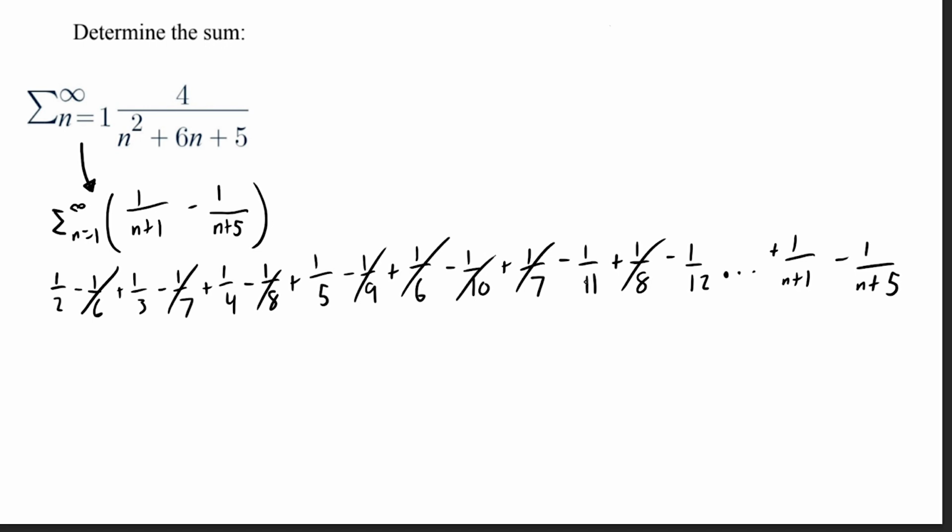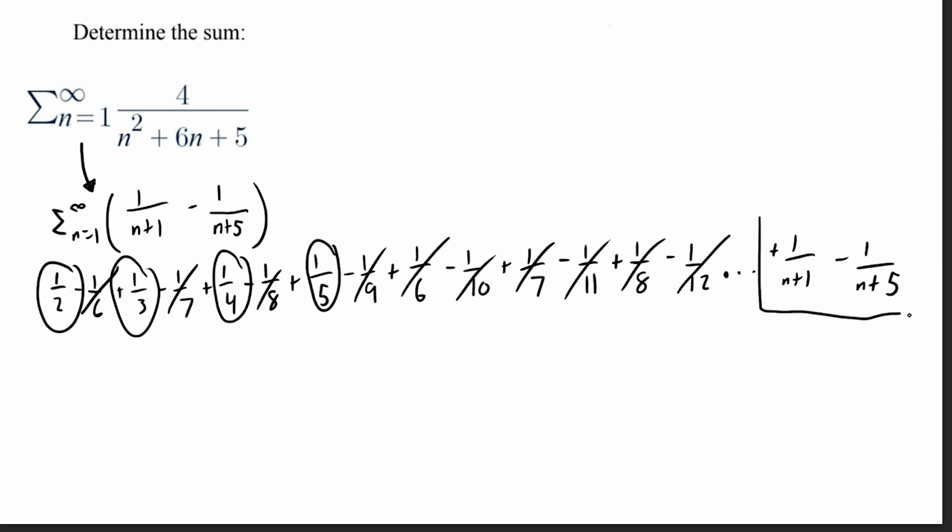And so all of these terms cancel except for the +1/5, 1/4, 1/3, and 1/2, since the first subtracted term starts at -1/6, and so these terms never get canceled. However, the rest of the terms do.